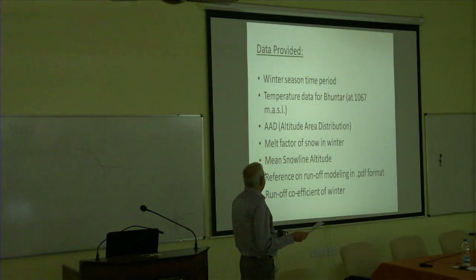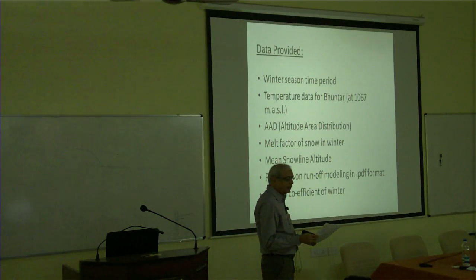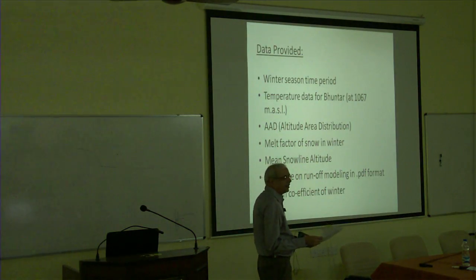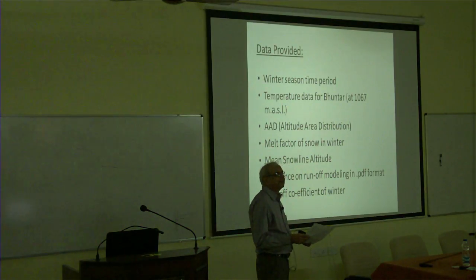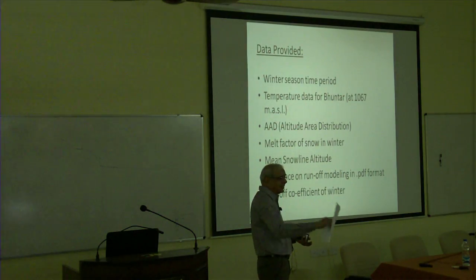The area altitude distribution of seasonal snow is given. The melt factor of snow in winter is given to you. Then the mean snow line altitude is given. Right? Is it there in this?